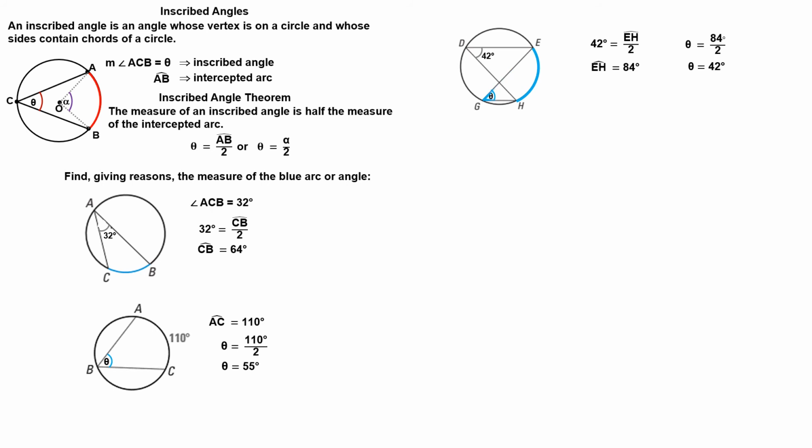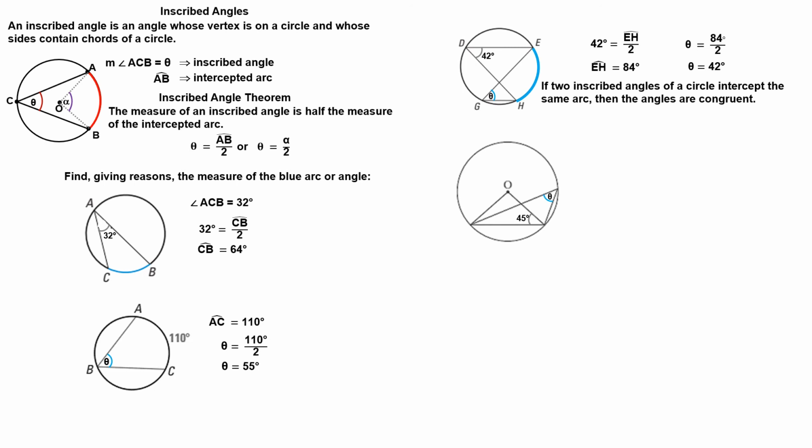It's always true. If two inscribed angles of a circle intercept the same arc, then the angles are congruent. The triangle AOB is isosceles, so the base angles are equal. The sum of the interior angles of any triangle is 180 degrees.